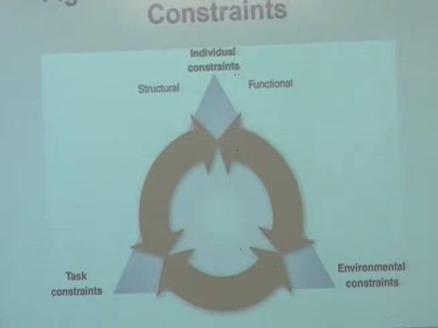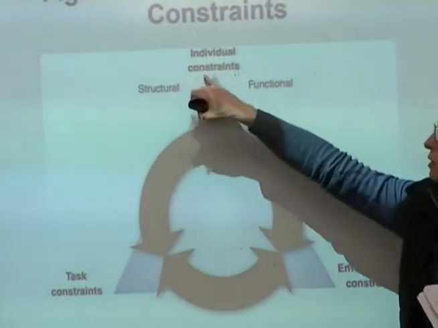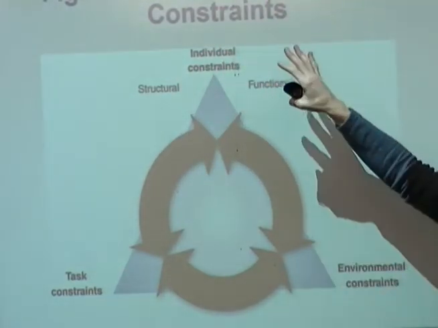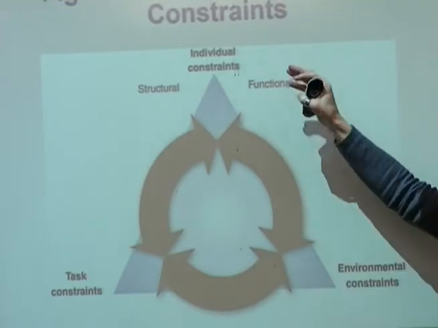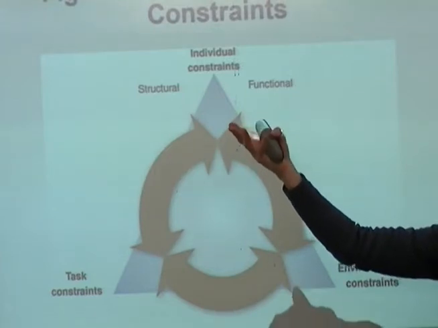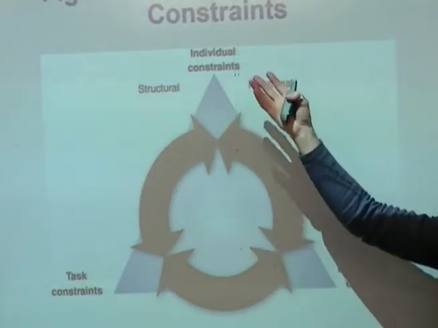And so the idea of the triangle and the constraints comes from some other places, and it was adapted for people. So sometimes when you see the model of constraints, this may say organism, for example, because biologists used a similar model before Carl Newell looked at it and went, man, that would be really useful for movement people, right?